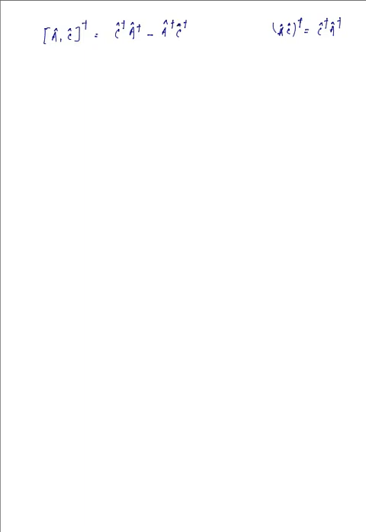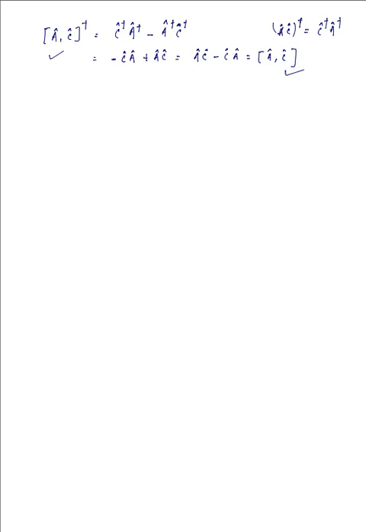Now, C is anti-Hermitian, so this is minus C, and A is Hermitian, so A remains positive. A remains positive once again, and C is negative, so negative of negative becomes positive, so this is AC. Now, this is nothing but AC minus CA, which would have been the commutation of A with C. So the adjoint of the commutation of AC is going to give us the same thing.